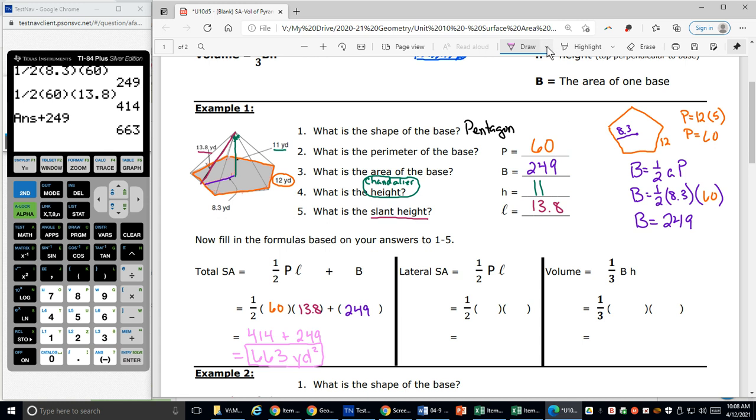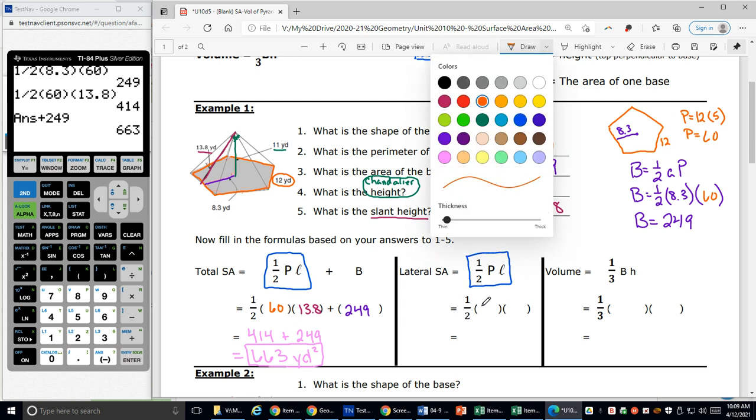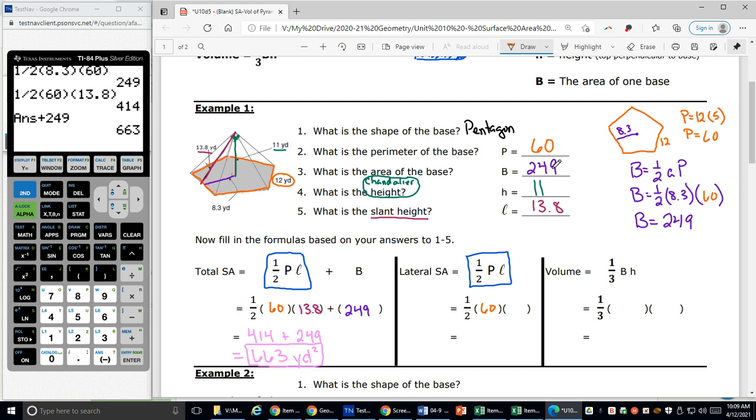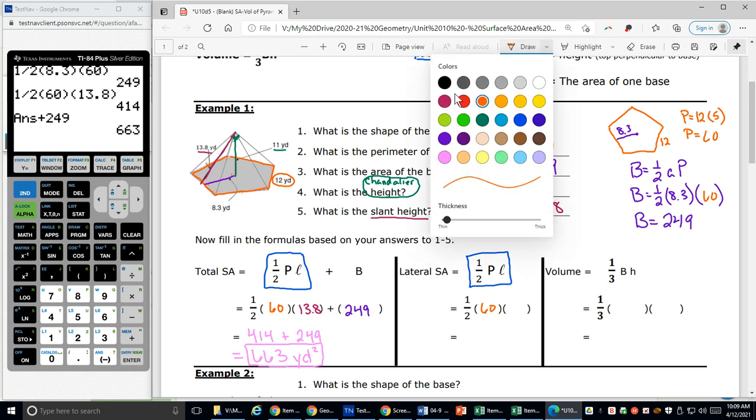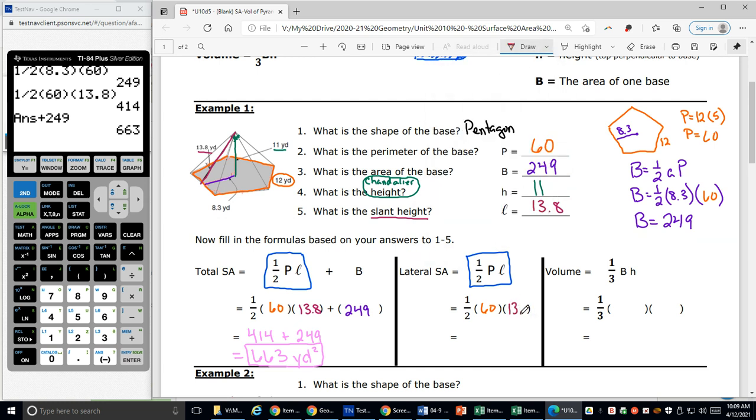Okay, then I have my lateral surface area, so just the sides without the base. Notice the total is 1/2 PL plus base, so the lateral is 1/2 PL. We've already done this. We've already put a 60 in here. We've already put the slant height, the 13.8.